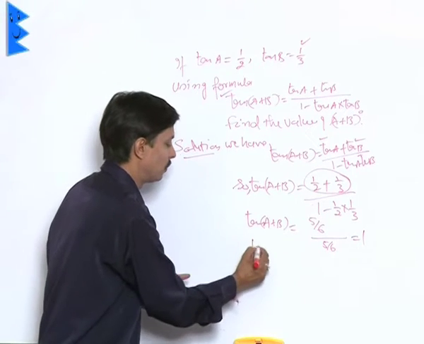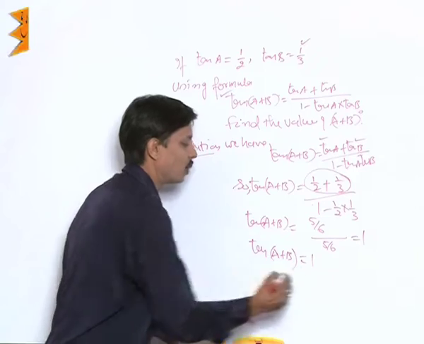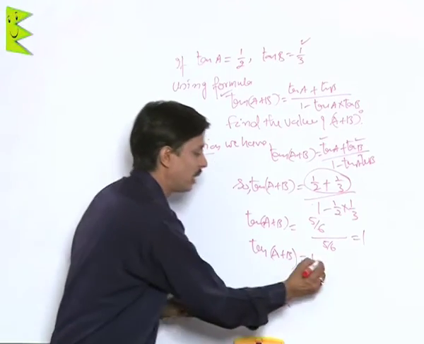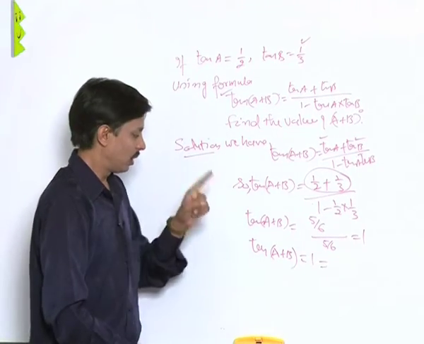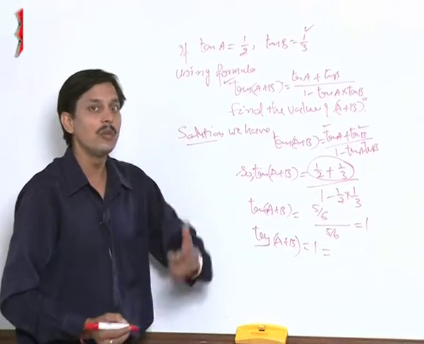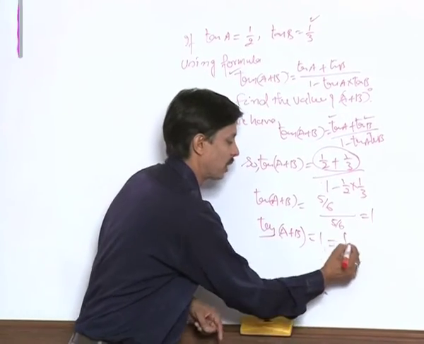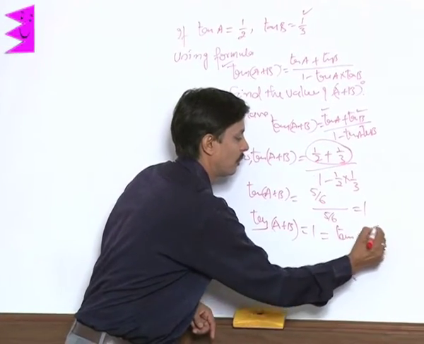So the answer of tan of A plus B comes out to be 1, and in the trigonometric table the row of tan gives the answer 1 only when the angle is 45. So in place of 1 we can write tan of 45 degrees.